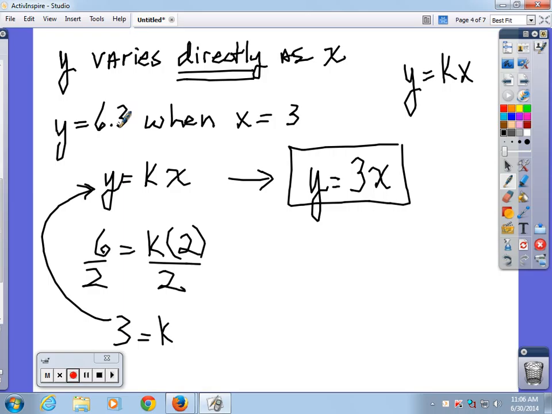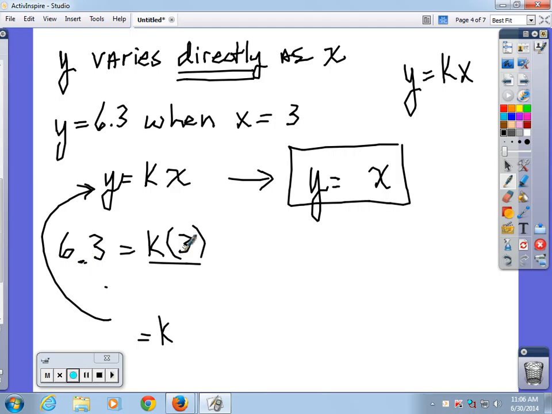So plug and chug and solve. So 6.3 goes here, and 3 goes here.